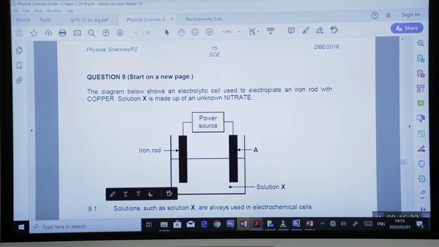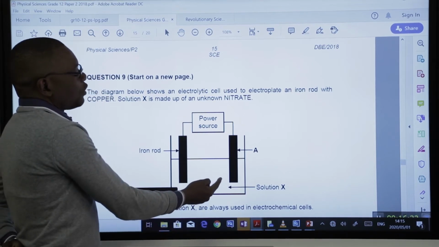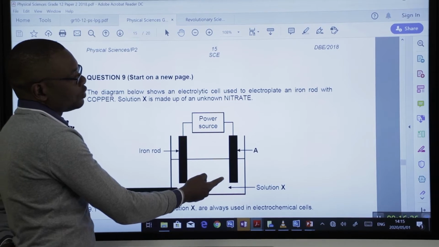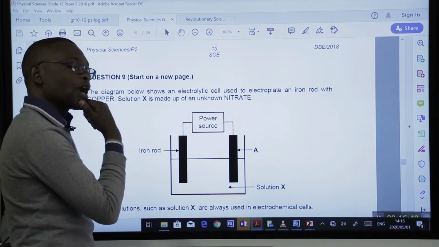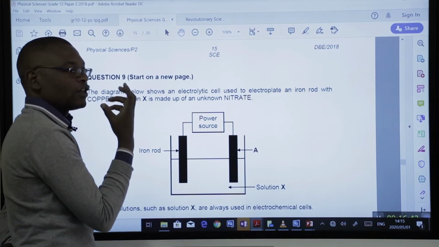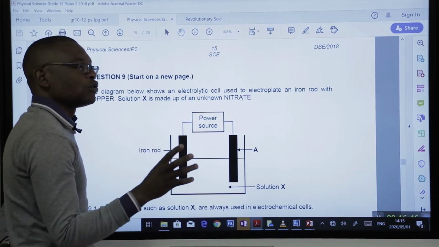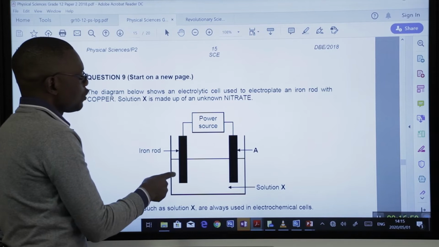electroplate the iron rod with copper, and so automatically what it means is that the copper ions are coming as Cu2+, and then when they get here, they pick up electrons and then undergo a phase change from ions to solids, and then they deposit around the iron rod.